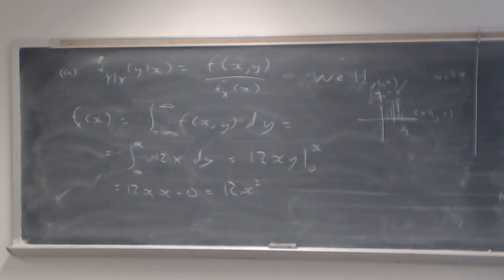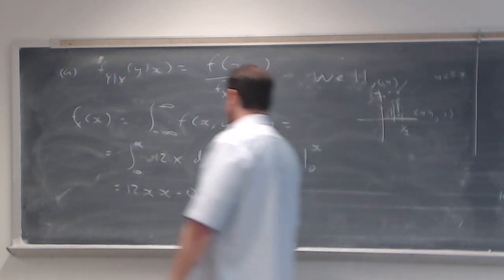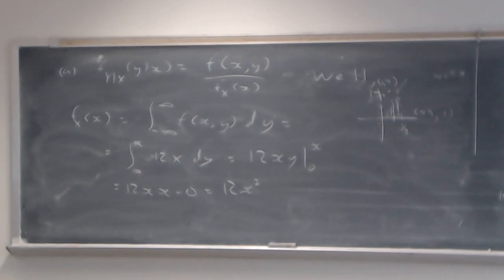That's what I have. Give me a second, I want to make sure I'm not making a mistake. For fixed x, that's what they run from. I have with respect to y, that's what I get. Okay.